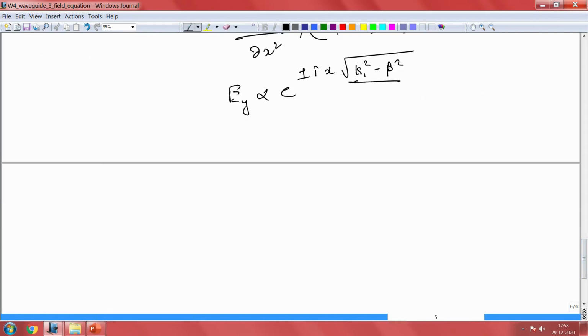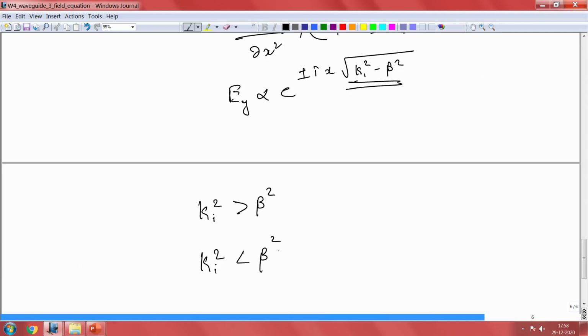So we have to look at this factor, Ki squared, whether it is greater than beta squared or less than beta squared. So these are two possibilities.